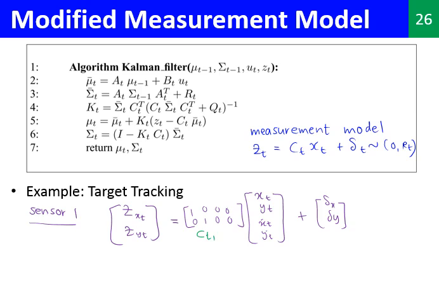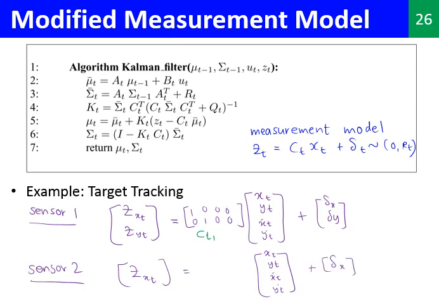Next, we will assume that sensor 2 only provides us with X location of the target. So sensor 2 gives Z xt, and we have the same state here and the noise.